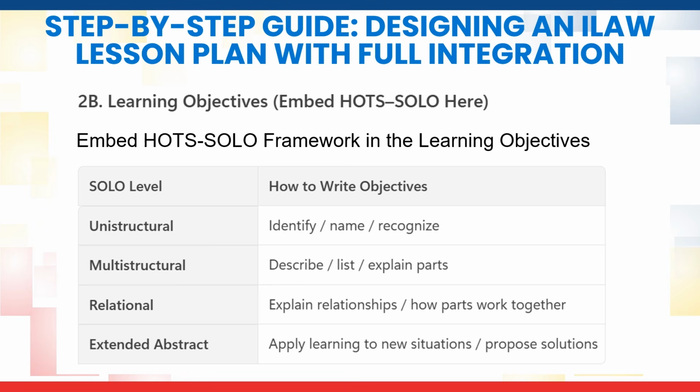For example, for unistructural, we can use the following verbs and skills: identify, name, recognize, that is one relevant data. Multistructural: describe, list, explain parts, where the learner will give two or more relevant data.